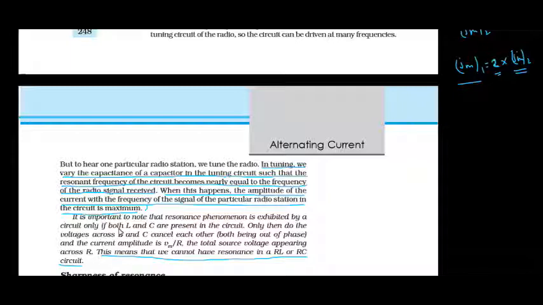So it is important to note that the resonance phenomenon is exhibited only where we have an LC circuit.